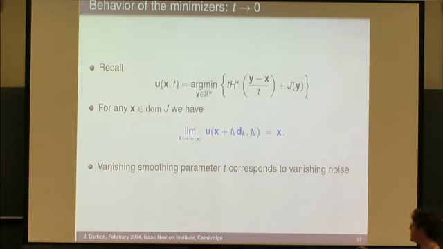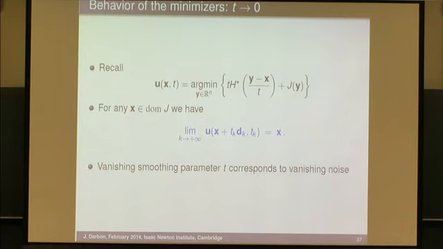It says, when you approach the data X and you turn the regularization to 0 at the same time, then you get back the data. So you simply say that when you have your variational method and you turn the button back to 0, then it's saying that you assume that there is no noise. This is something natural.